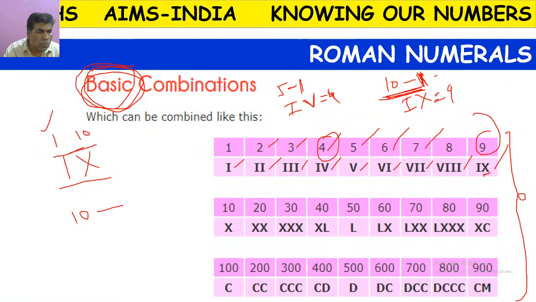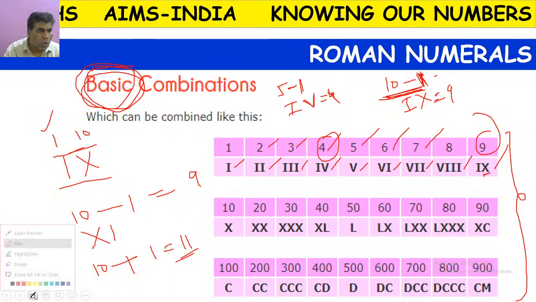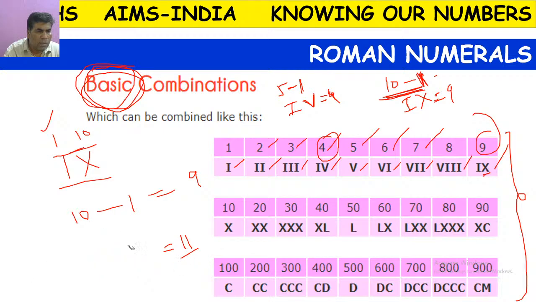Smaller number from bigger number. So this value is 9. If they give like this, XI, it is bigger number followed by smaller number. So then we have to add both. 10 plus 1. What is its value? 11.